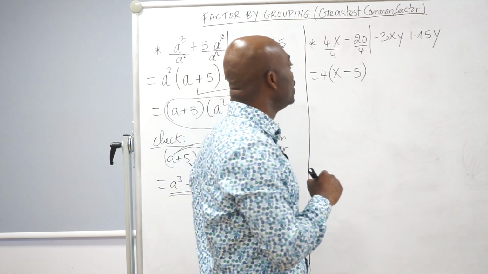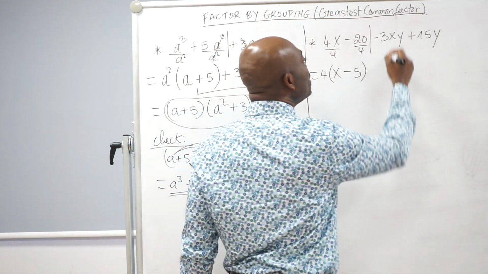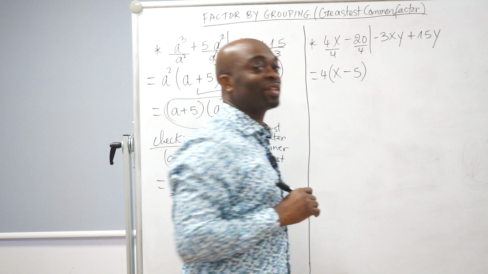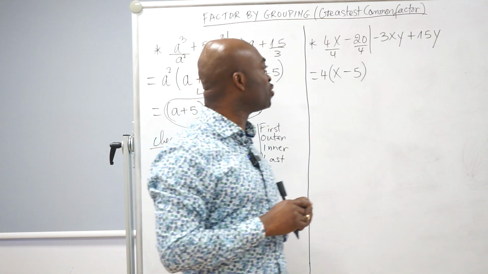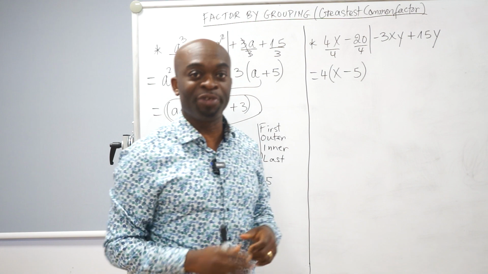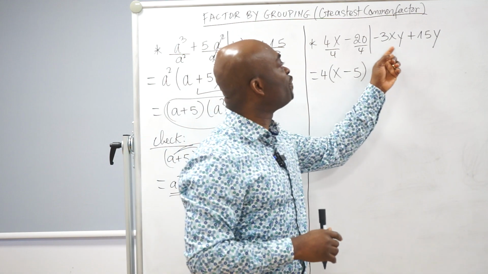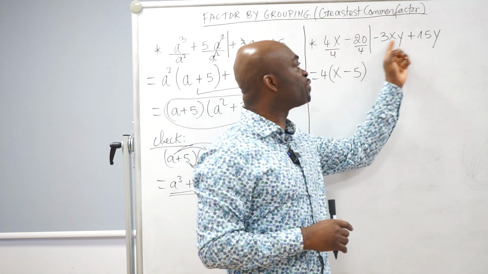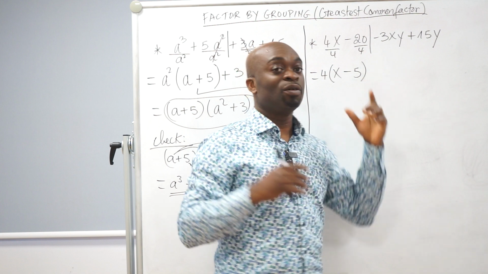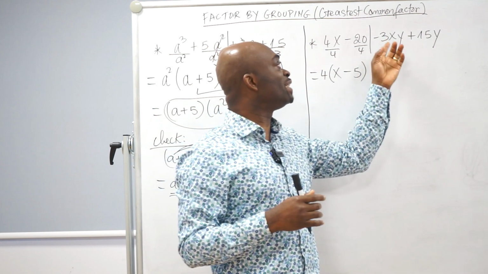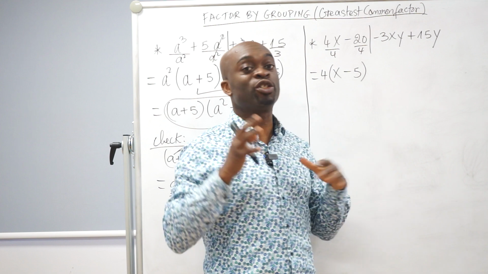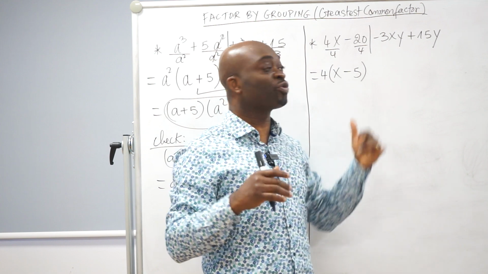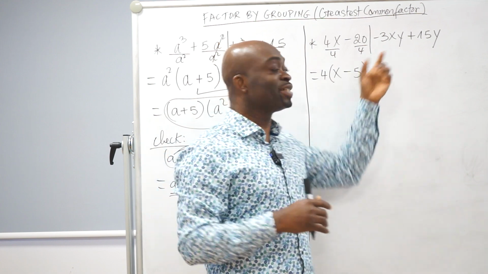So let's continue. Now in this case, what would be the greatest common factor here? You always got to find the greatest common factor for the numbers, and then you got to get the greatest common factor for the variables. So what's the greatest common factor for the numbers? You have negative 3 and 15. What's the highest number that can divide 3 and 15 evenly? That is 3.